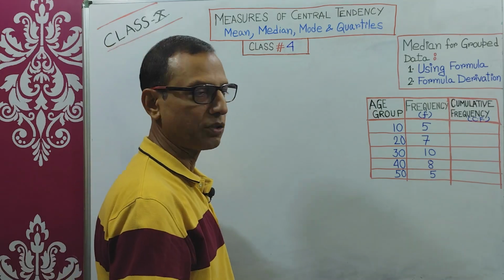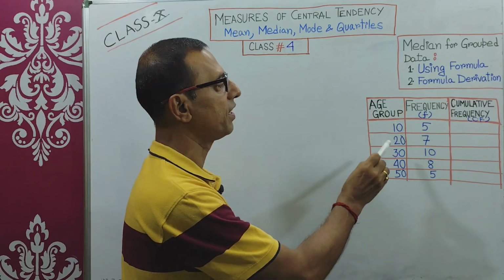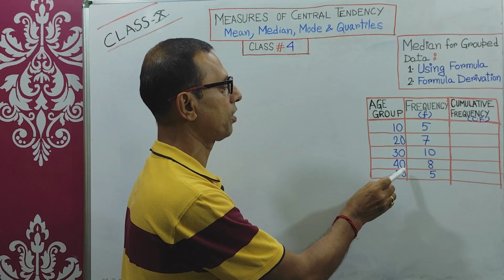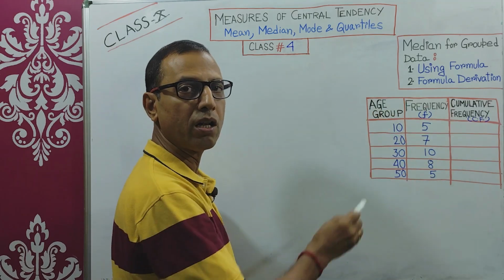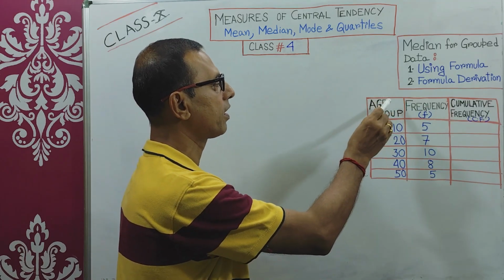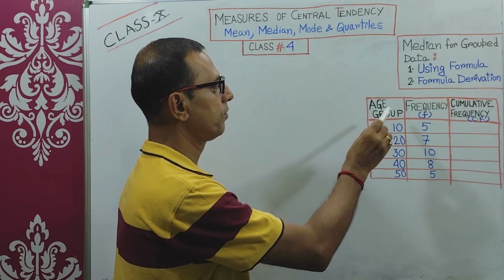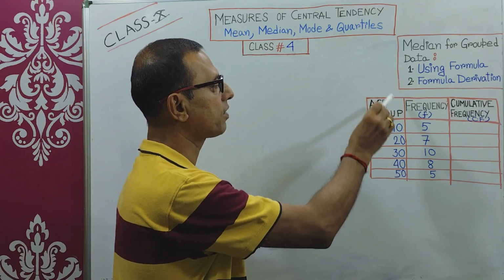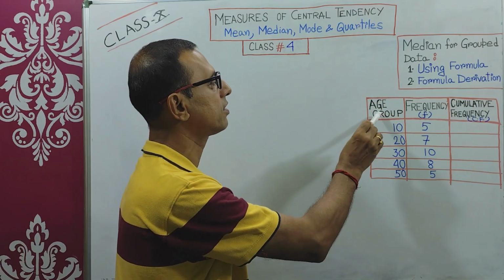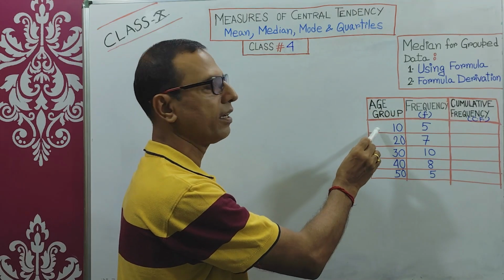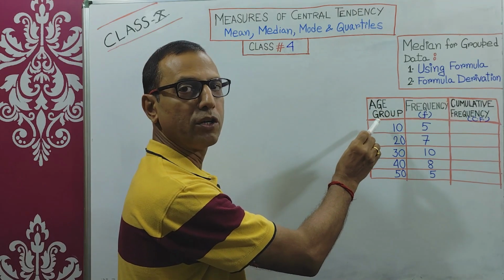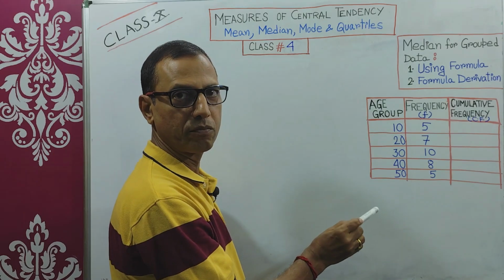So what is discontinuous data? This is just a few discrete values, 10, 20, 30, 40, 50. If you look into this particular table, in the first column itself, the age group is given, right? Not age group, there are just a few values. Just consider this is not age group; that I will explain when I show you the group data.